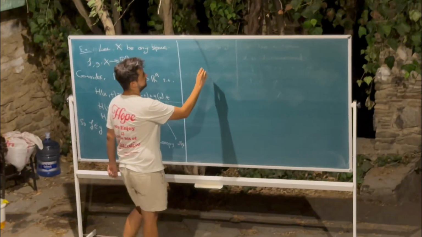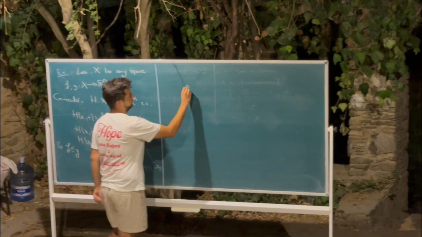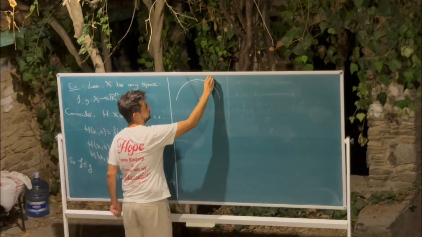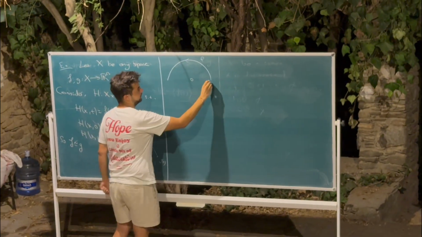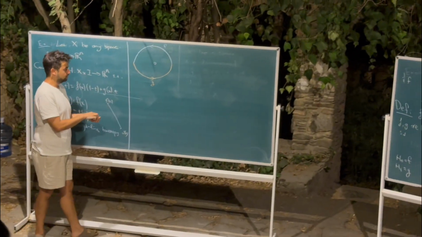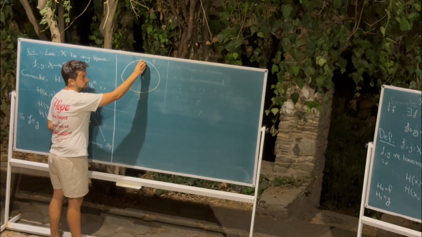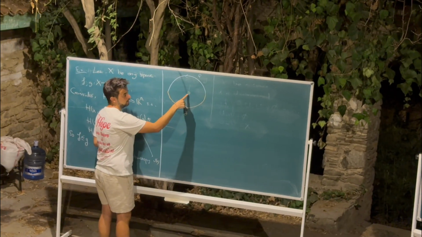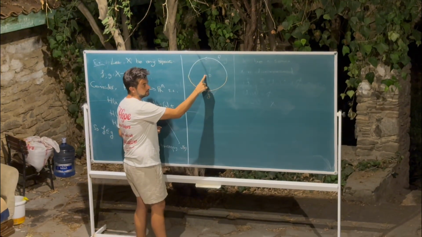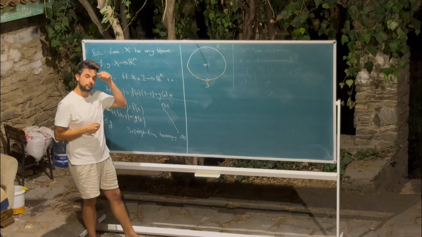For example, if I take the punctured plane, and I take this arc, let's call it F, and this arc, let's call it G. Now I can't use straight line homotopy, because it would give you a path like this through a point that is not in my space. But this doesn't mean they are not homotopic; they are still homotopic to each other.